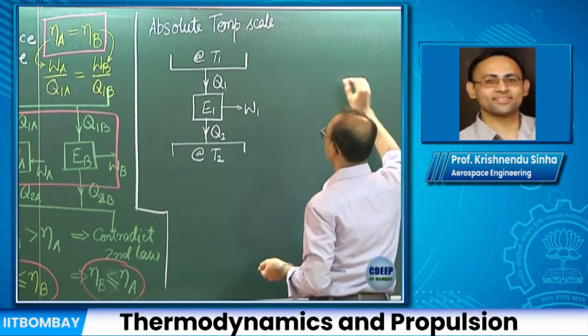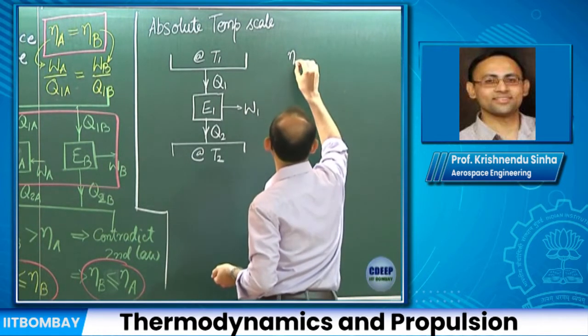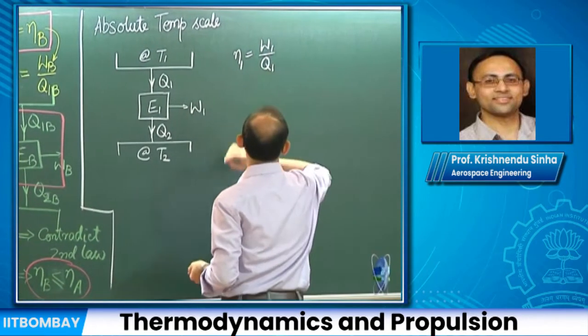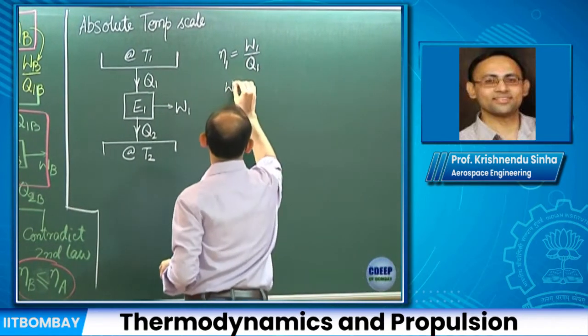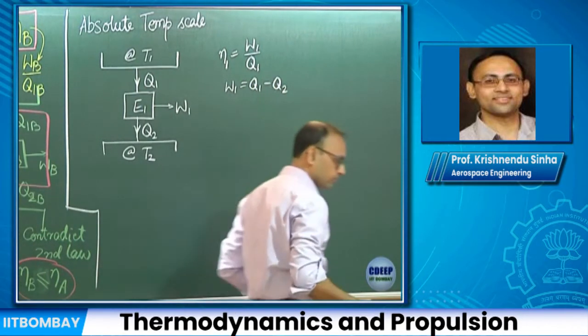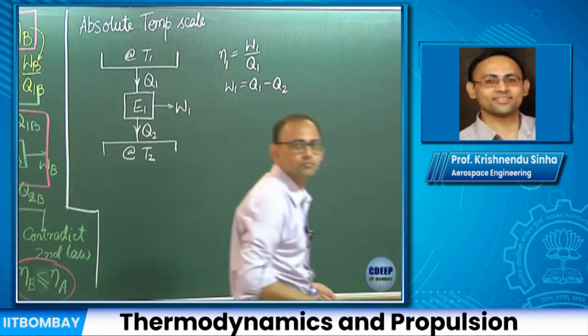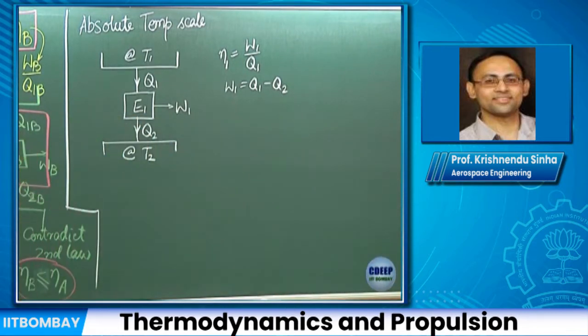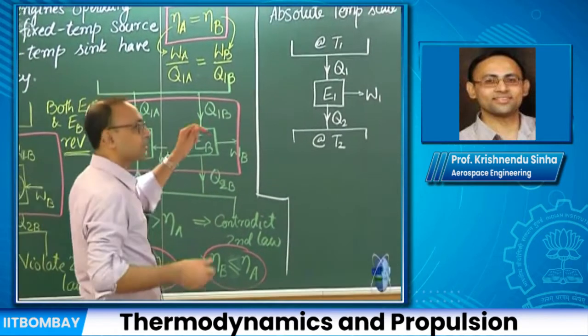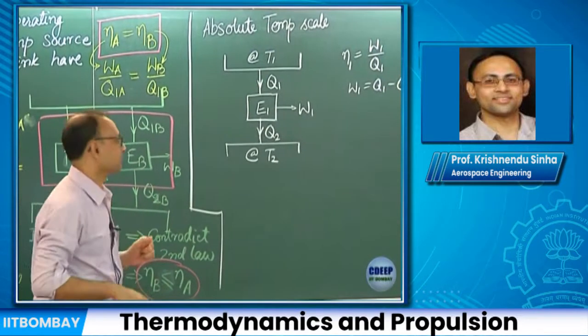Efficiency 1 equal to W1 over Q1 and W1 equal to Q1 minus Q2. Okay? I'm using my same block of engine and pump to do all these different things. Remember, in the second law we defined these two basic components that we'll keep using and reusing.